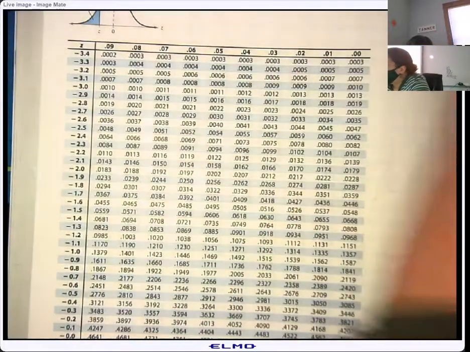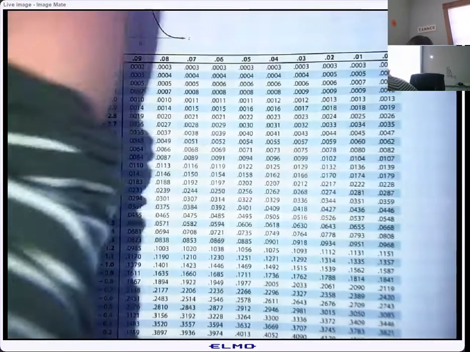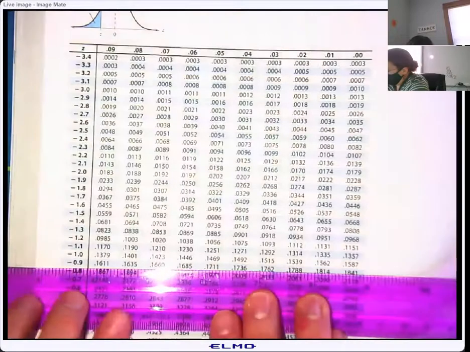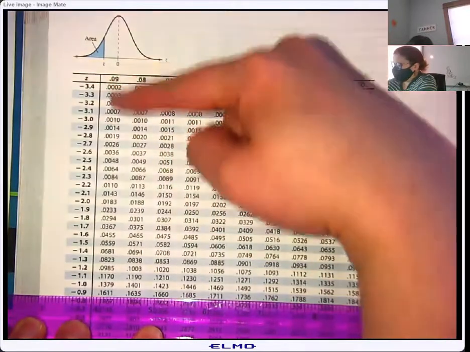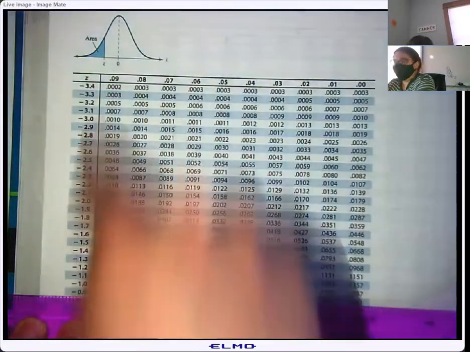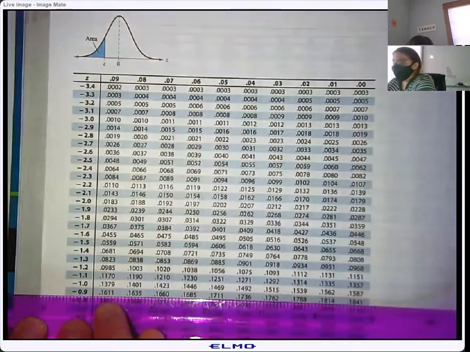So to look up negative 0.99, you look up negative 0.9 here, and then from the top, it's this column, because that's 0.09. So this together is negative 0.99. Did you guys get 0.1611?